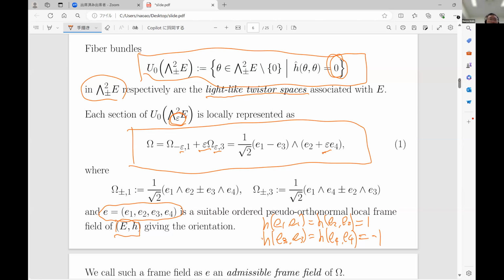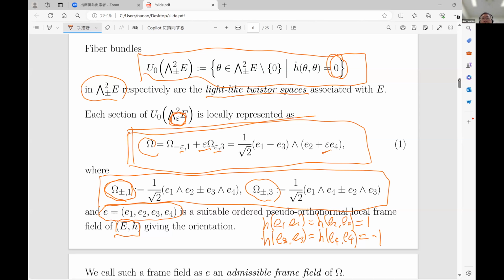And omega plus 1, omega plus minus 1 and omega plus minus 3 are defined by this. A section omega of a light-like twistor space with epsilon is locally represented like this.